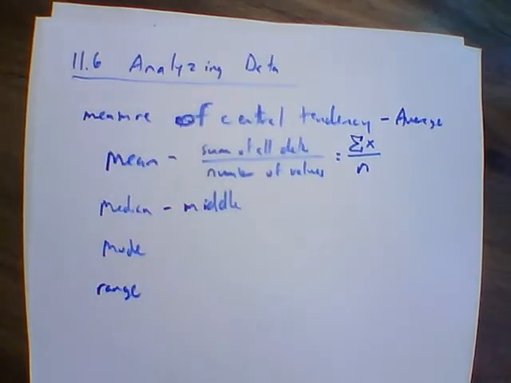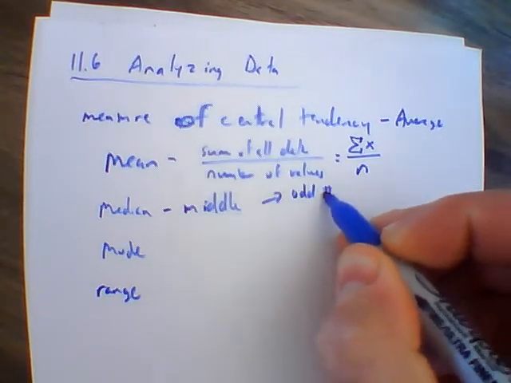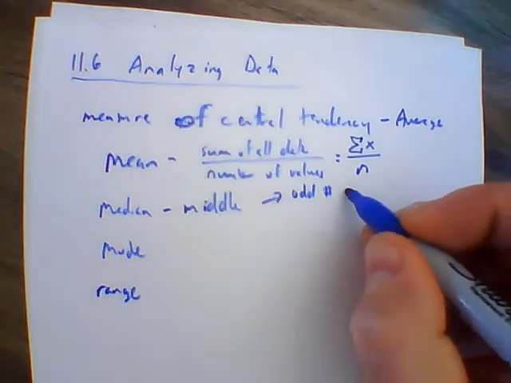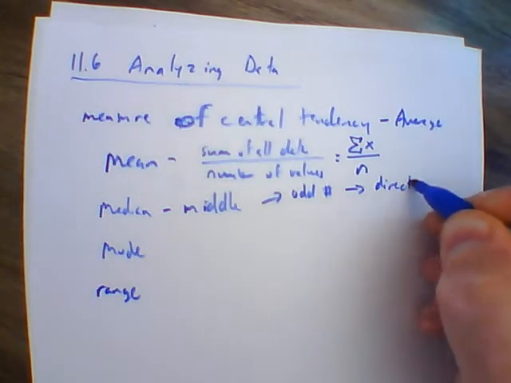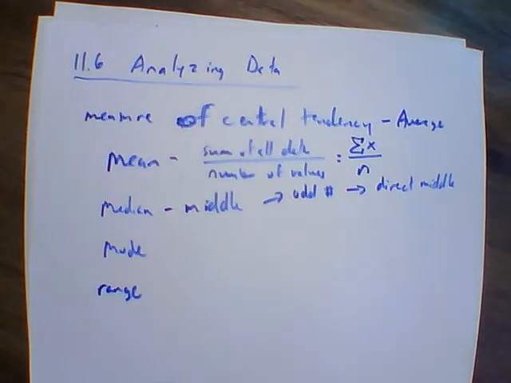The median talks about the middle. Okay, so the middle has a couple distinct things that we can talk about. If we have an odd number in our set, we have a direct middle. So we actually have a number that is in the middle. Because of that odd number, we'll have so many below, so many above, and that odd one would be right in the middle of it.